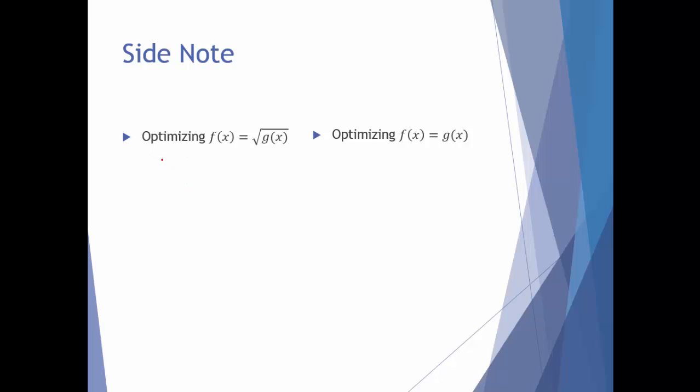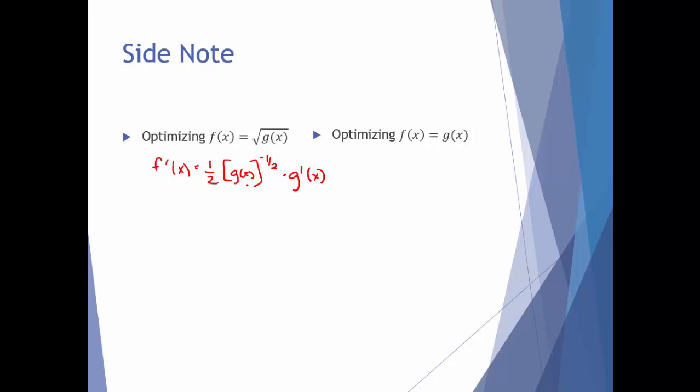So take a look at the derivative if you have the square root. The square root is just an exponent of 1/2, so it will be 1/2 times, you hold the inside function, this is chain rule, raised to the new power of negative 1/2. But then you multiply times the derivative of the inside function, g prime of x.